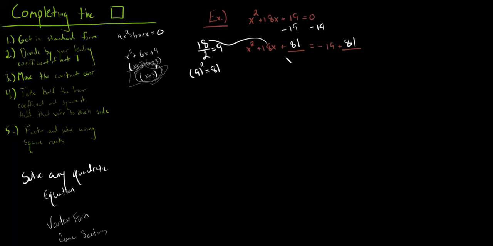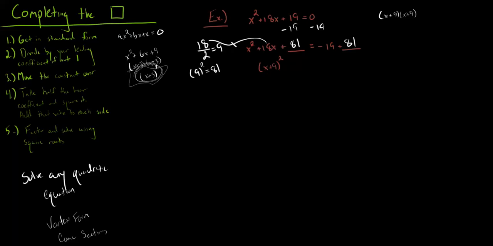Because what we just did is we created a perfect square trinomial. If we were to factor that, it would factor to x plus 9 times x plus 9, which creates the nice binomial of x plus 9 quantity squared.